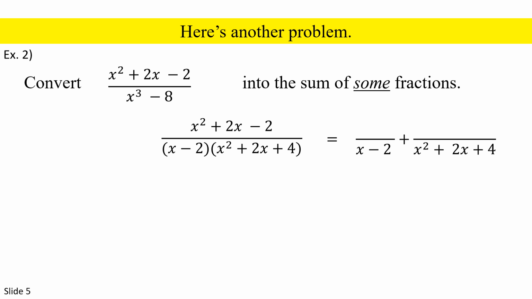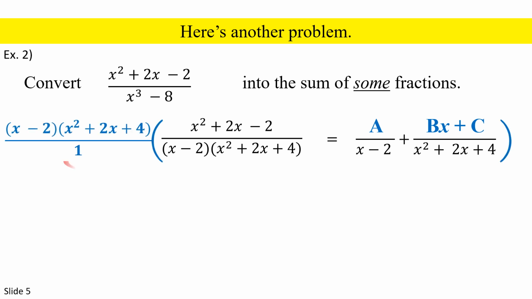Those become our two denominators. We need our placeholders. So a over x minus 2, and then a linear bx plus c over x squared plus 2x plus 4.